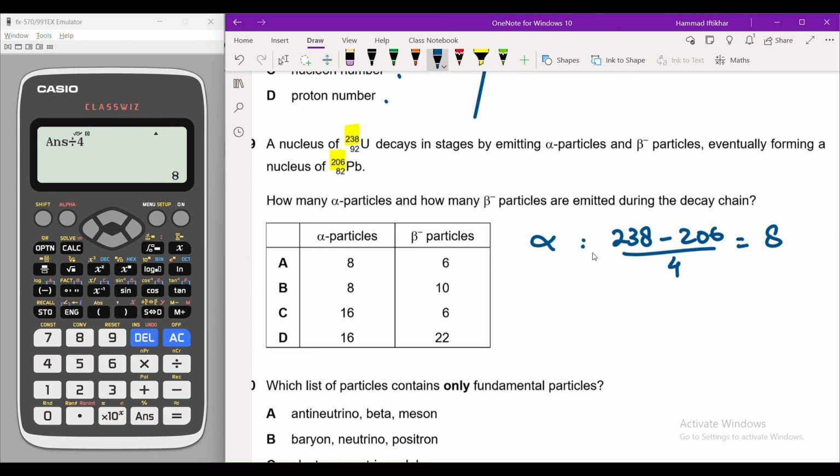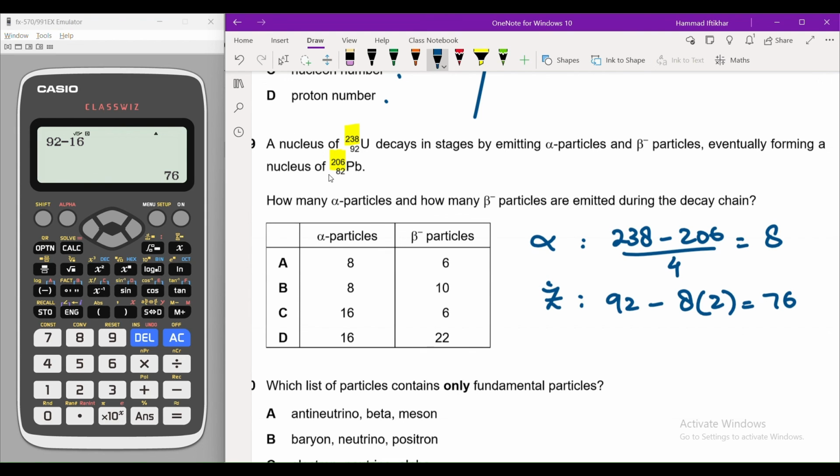Okay, but what that does to the proton number is it also decreases by 2. So 92 minus 8 times 2, so 92 minus 16, 76.